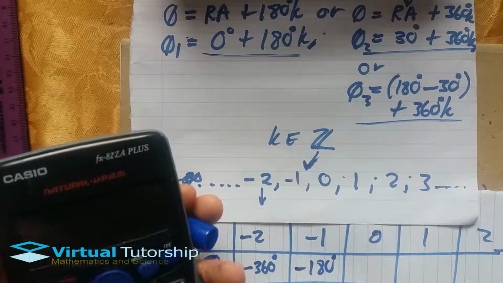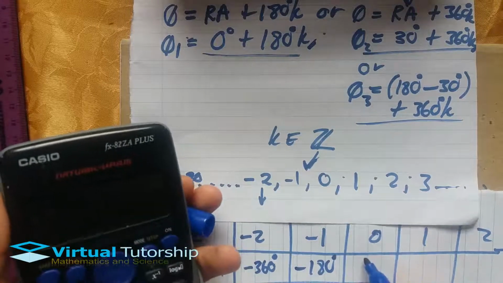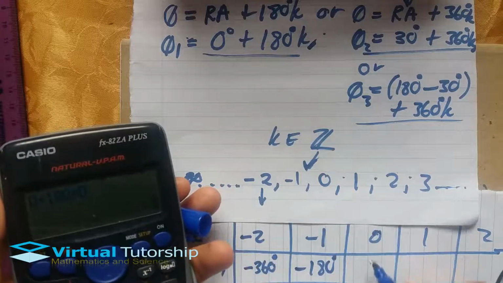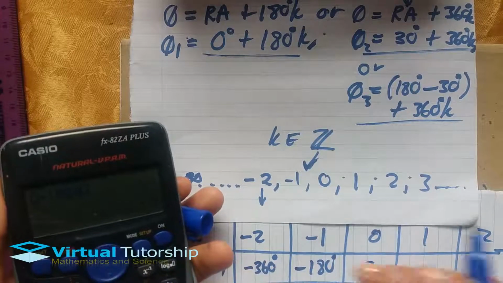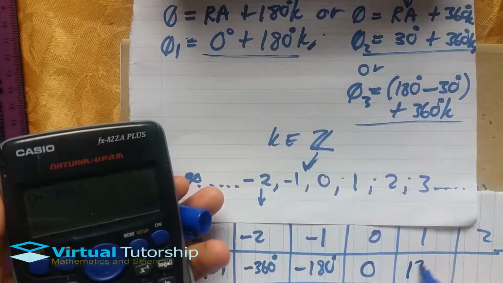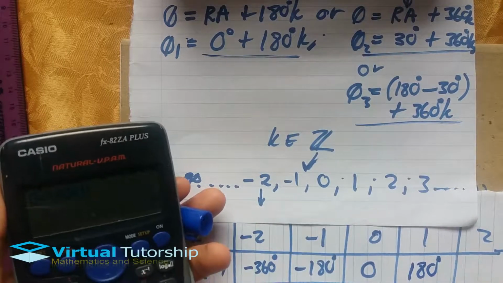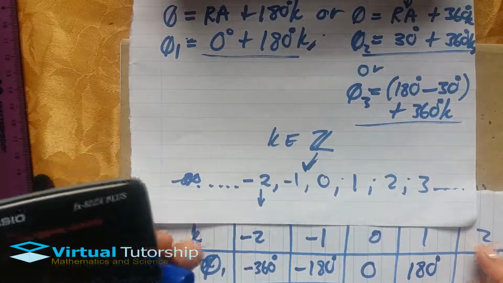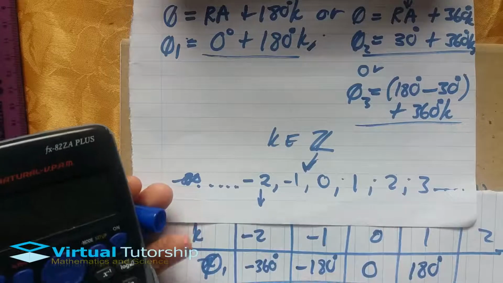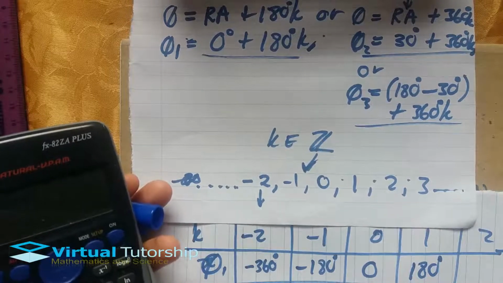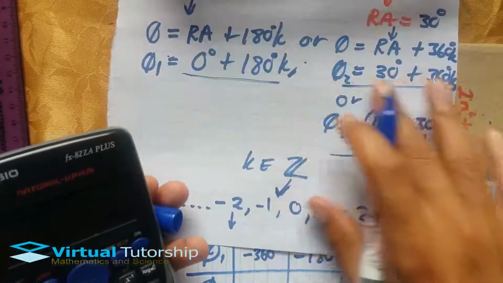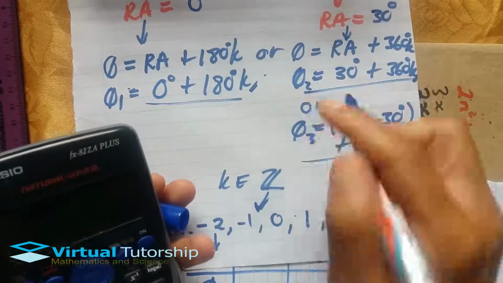Second one u-0, uthole ukuthi u-0. K nangabe u-1, utheta kuba ubani? Kuba 180 degrees. K nangabe u-2, answer yethu kuba ubani? 360 degrees.